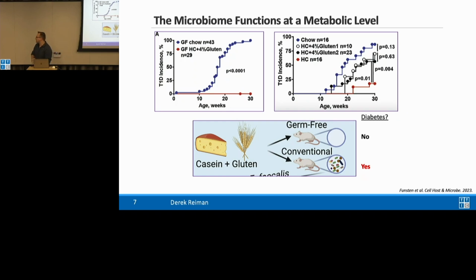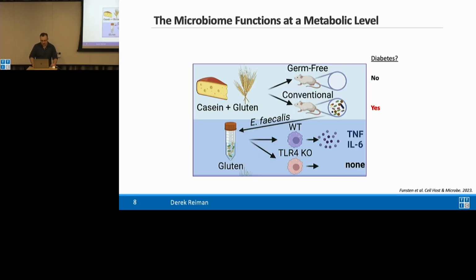So something happens between the microbiome and gluten to bring type 1 diabetes back. Through some biological experiments that I won't go into, they identified E. faecalis as a microbe that can digest gluten. It has a protease which will cut the gluten, and through cutting the gluten, it creates a new metabolite, which when introduced into the host system, elicits an autoimmune response leading to type 1 diabetes.